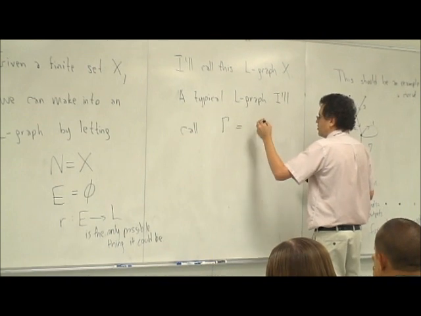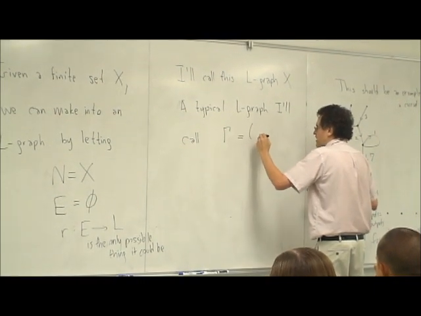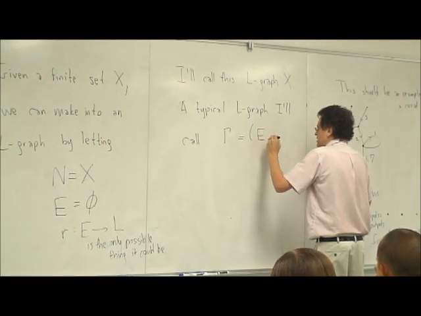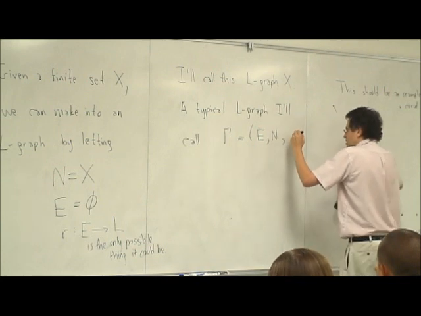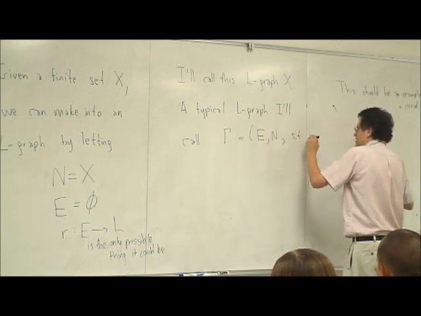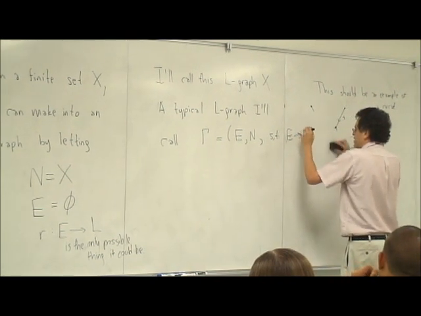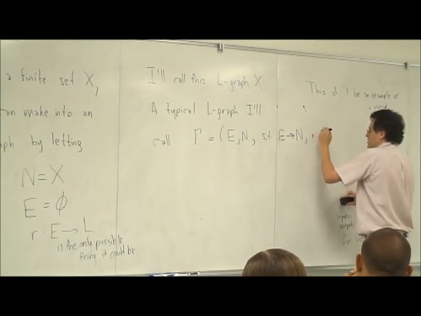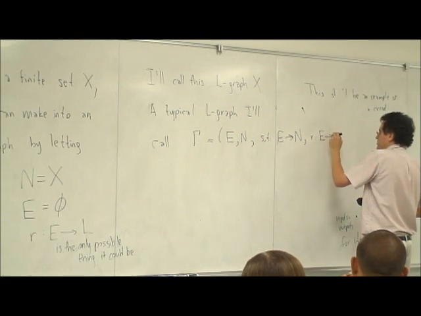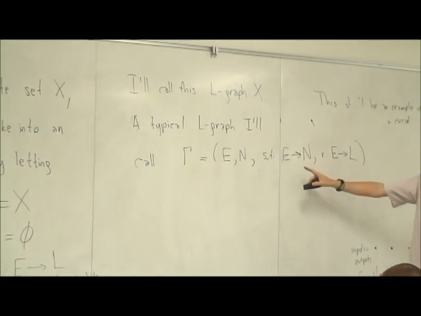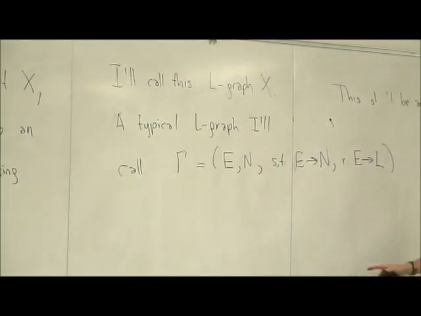So what is it? It's the whole gizmo where you have a set of edges, a set of nodes, a source and target function, assigning each edge a node, and finally a label, assigning each edge a label. We get really sick of writing all that stuff down, so we'll just call it gamma.